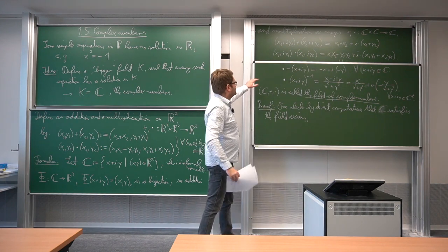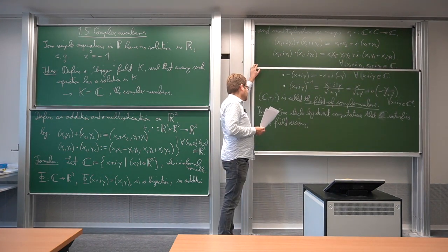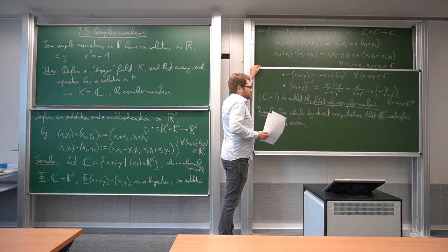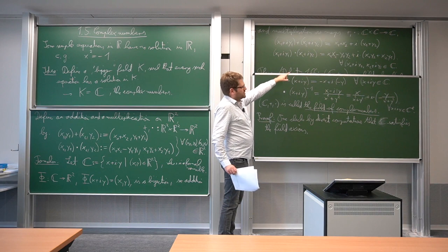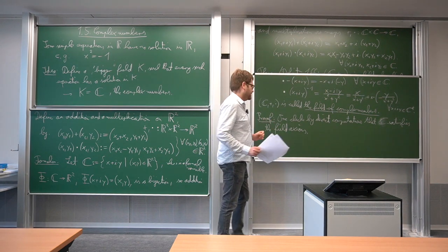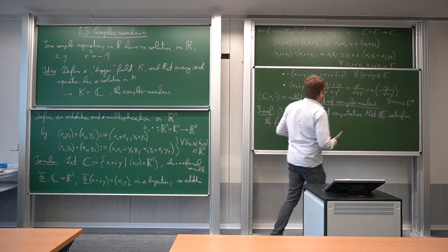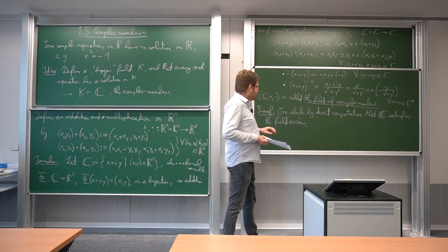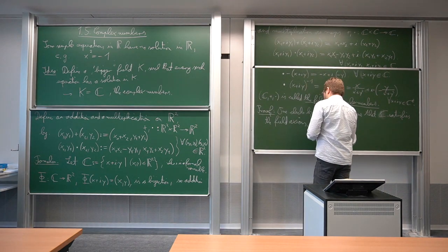This means that with addition it has to be an abelian group, then C star with multiplication should be an abelian group, and distributivity holds. Distributivity, for example, is something you can really check just using these formulas. This is really just writing things down and seeing that they coincide. So I really recommend taking a sheet of paper and writing this down, maybe pausing the video at this point and checking. This is not too complicated.